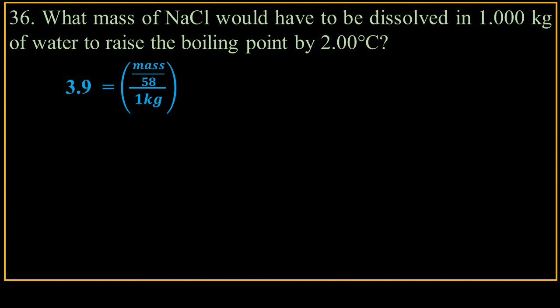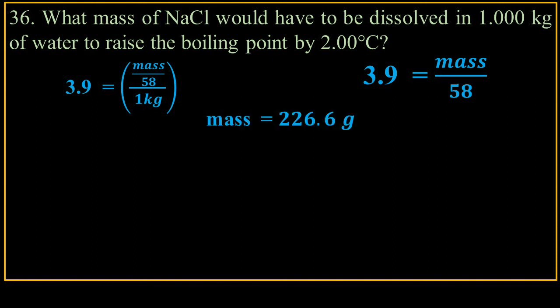So cross multiply, so it's 3.9 equals the mass over 58, and then cross multiply again, 3.9 times 58, which is going to be approximately 4 times 60, which would be 240, so it would be a little less, 226.6 grams.